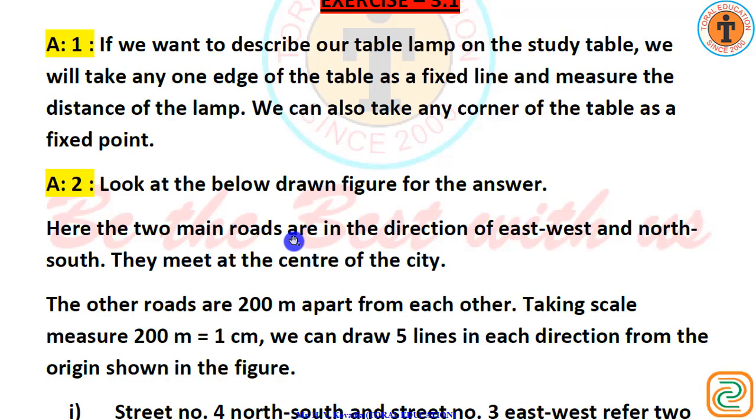All the other streets of the city run parallel to these roads and are 200 meters apart. There are 5 streets in each direction. Using 1 centimeter equal to 200 meters, draw a model of the city in your notebook. Represent the roads and streets by single lines.